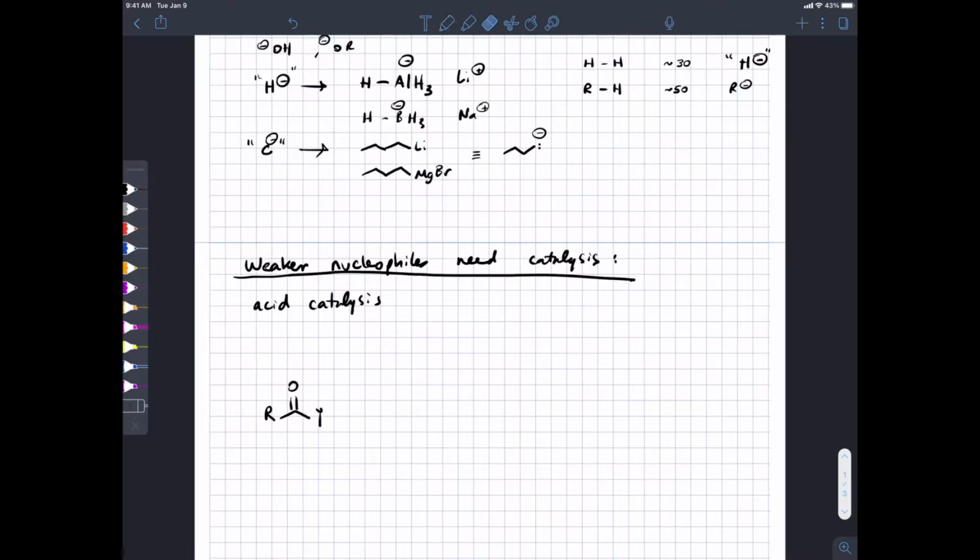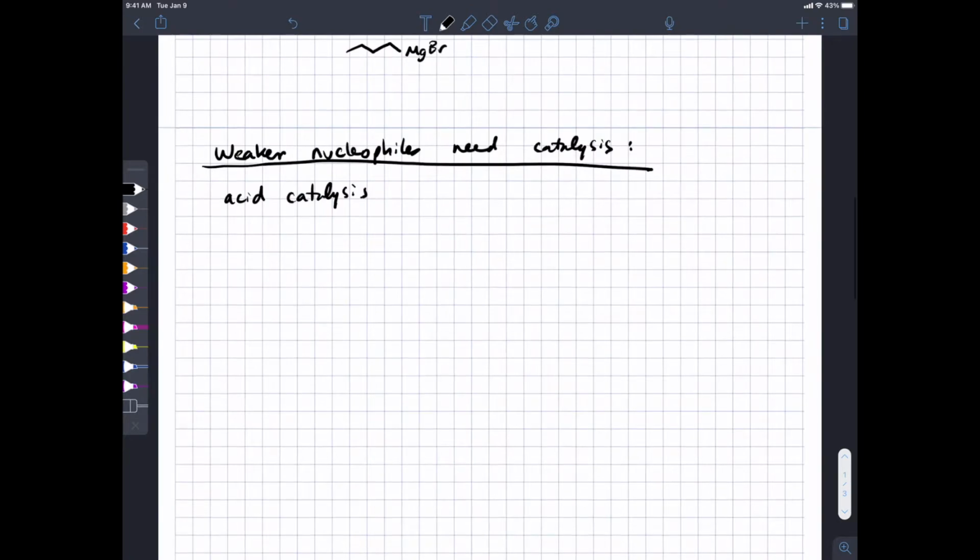Okay, and there are a couple of different ways that you can do acid catalysis. One would be to protonate the carbonyl compound first with a strong acid. Remember, when you use the carbonyl compound as a nucleophile, the lone pair electrons are going to be the ones that do the attacking.